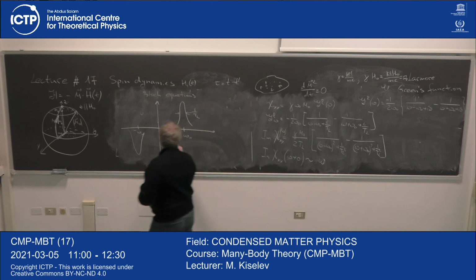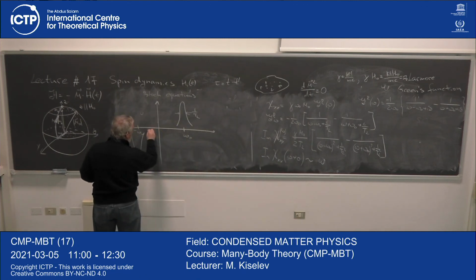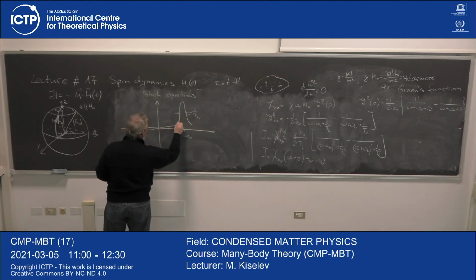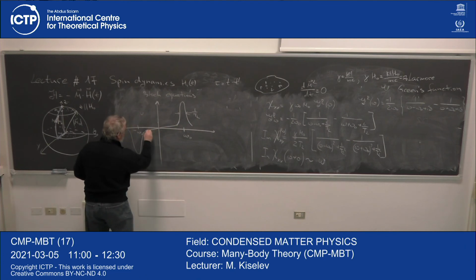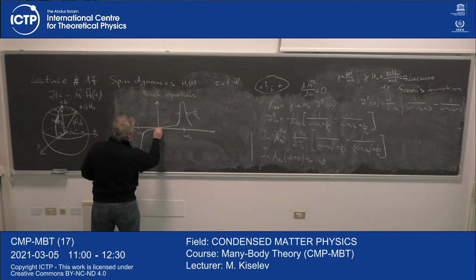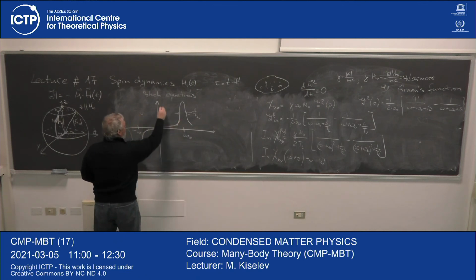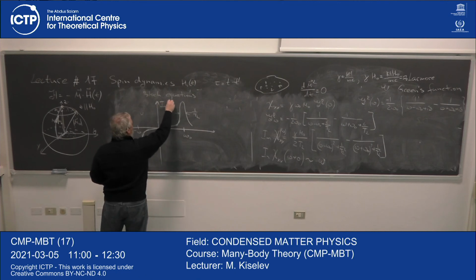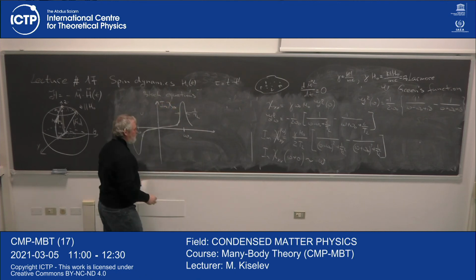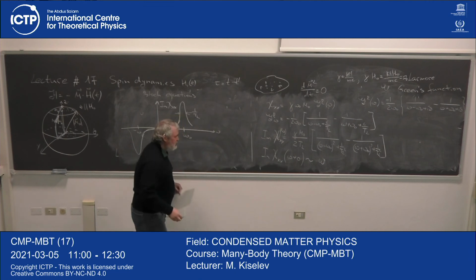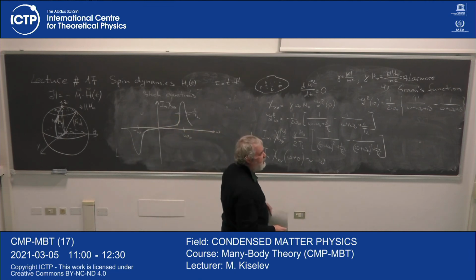So therefore, there is a line like that, and the fact that the imaginary part of the function, this is im chi xx, as a function of omega, is linear at small omega, is characteristic for bosonic systems.